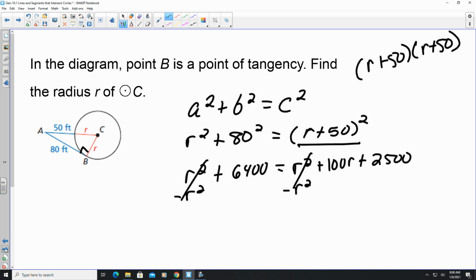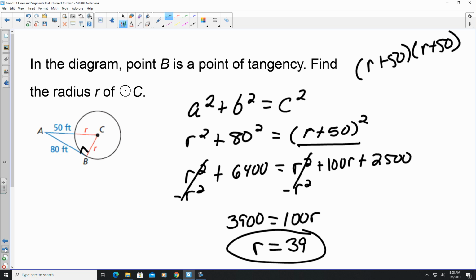Then I'm going to subtract 2,500 from both sides. So 6,400 minus 2,500 is 3,900. Now I have 3,900 equals 100R. Divide everything by 100, and R is 39. That happens to be the radius. So my radius, knowing that point B is the point of tangency, is going to be 39.